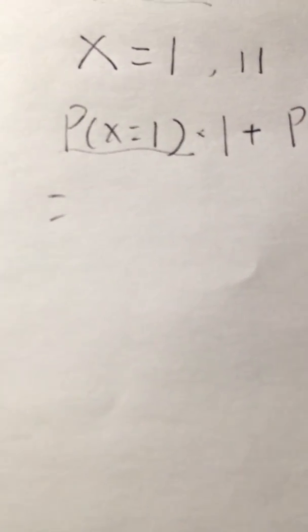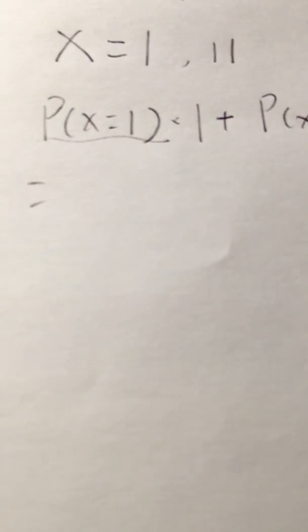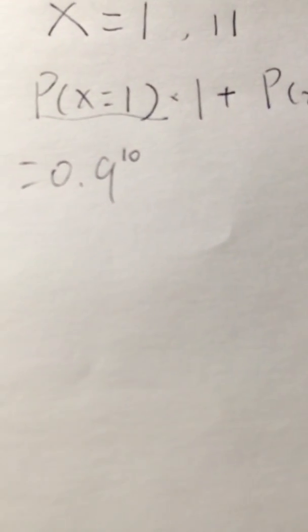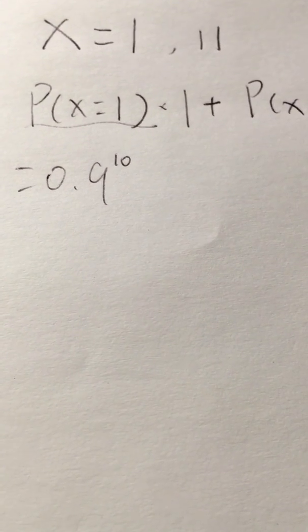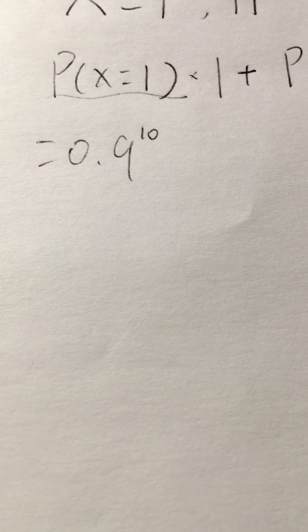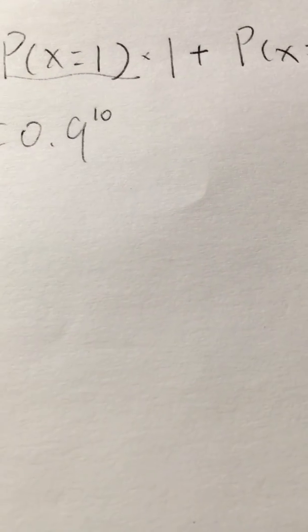For P(X=1), the probability is 0.9 to the power of 10, because for each person the probability of a negative test result is 0.9.